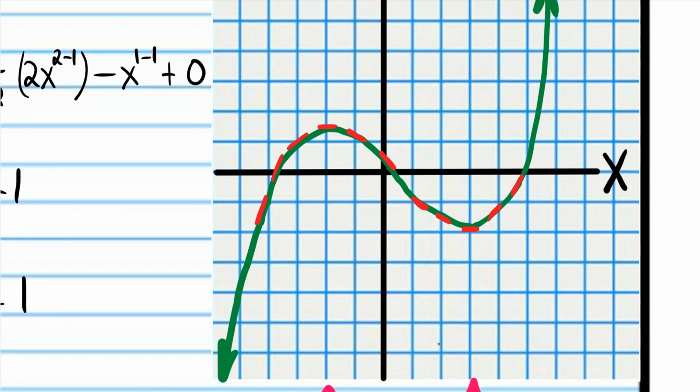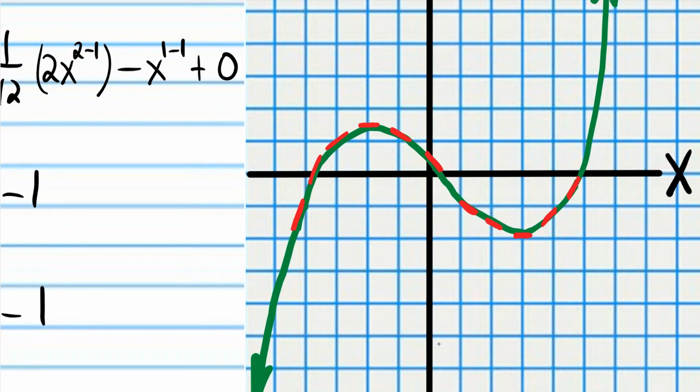Now, we learned in previous classes in this course that the derivative is the slope of the line that is tangent to the graph at some x value. For example, let's say that I choose this point right here.